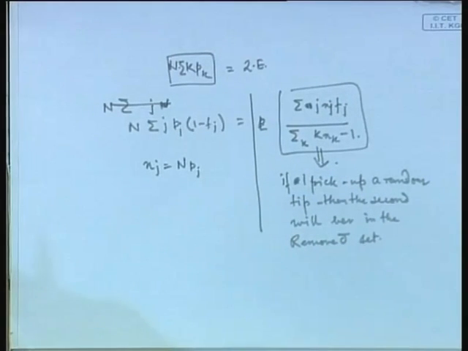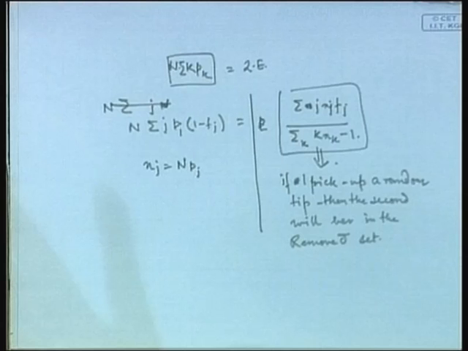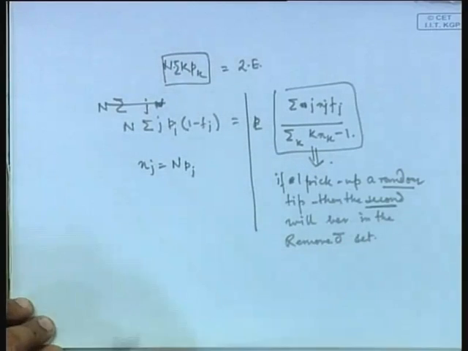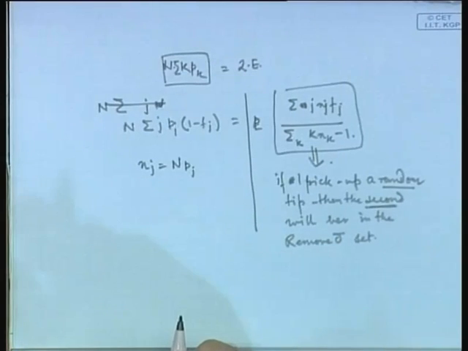If I pick up a random tip, then the second tip will be at this position. Okay. Am I clear?